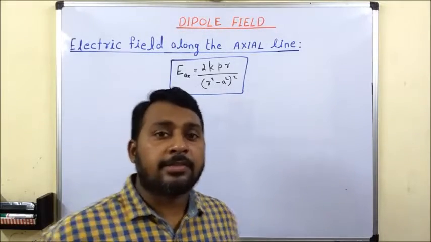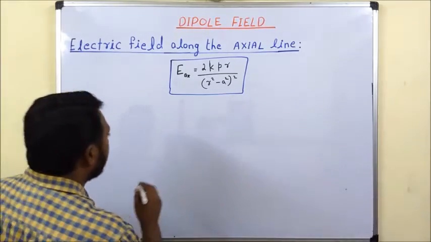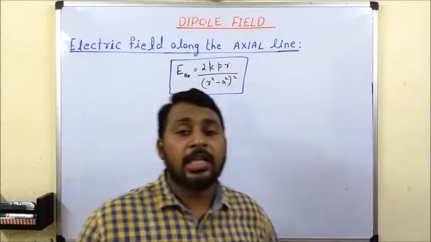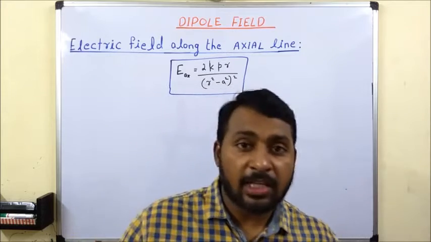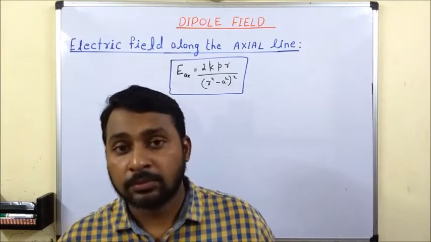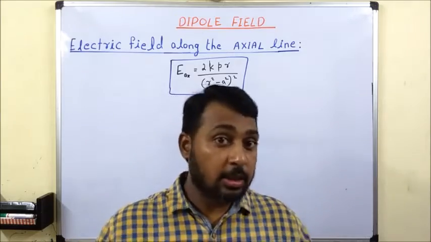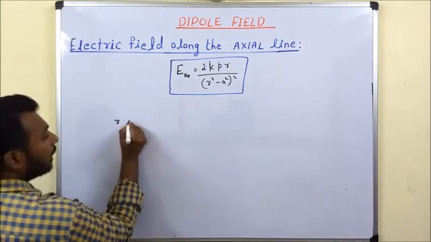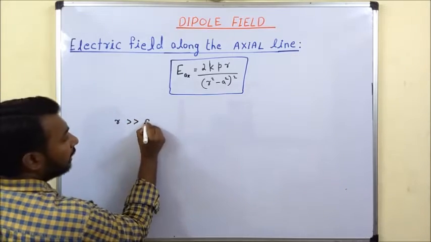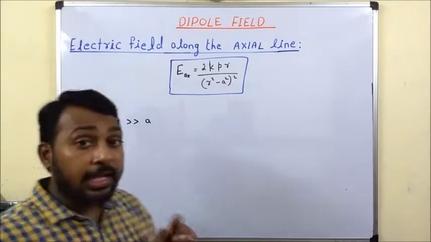Now the special case. If you are considering the point P at a very large distance from the dipole, very large meaning not at infinity, it means the value of R is very much greater than A. What is A?